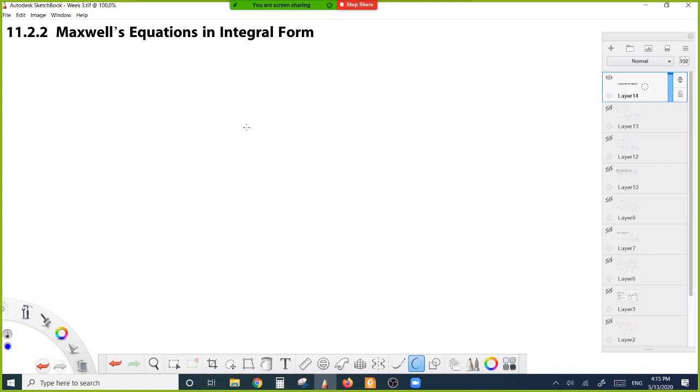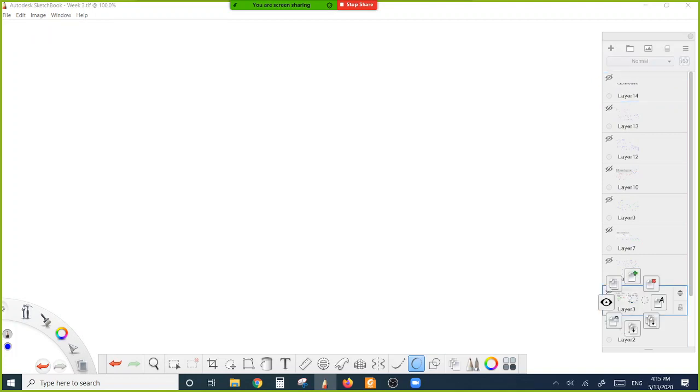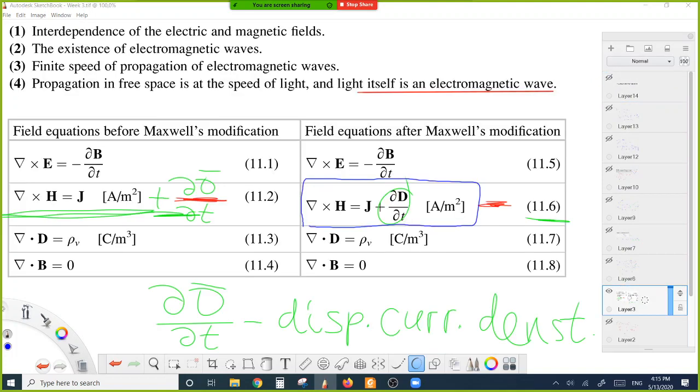Okay, now in order to introduce integral form of equations, we start with the equation 11.6, which is this.